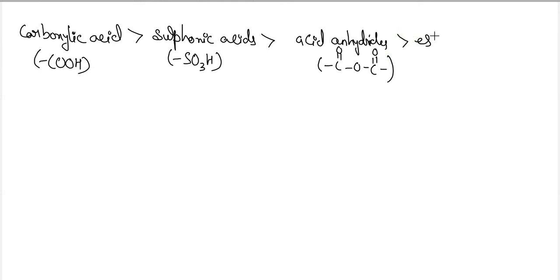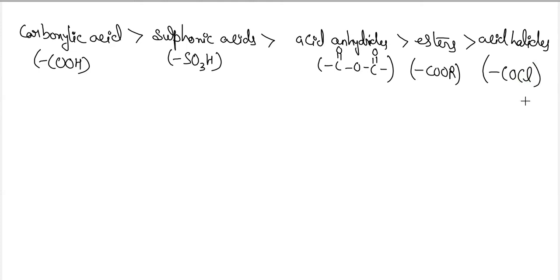Okay. Then esters come, that is COOR. Then acid halides come, that is COCl, or COX, where X can be chloro, fluoro, bromo, or iodo.